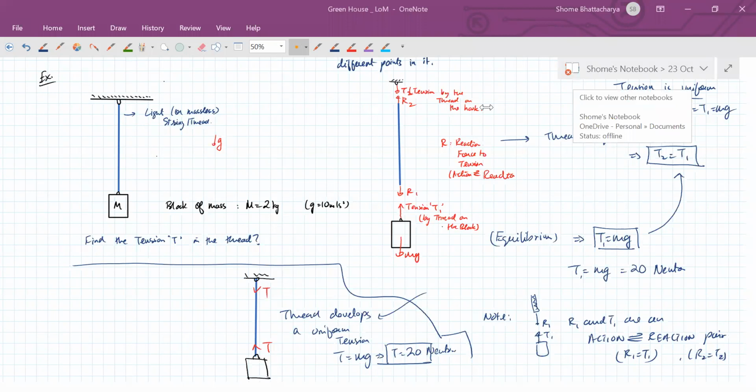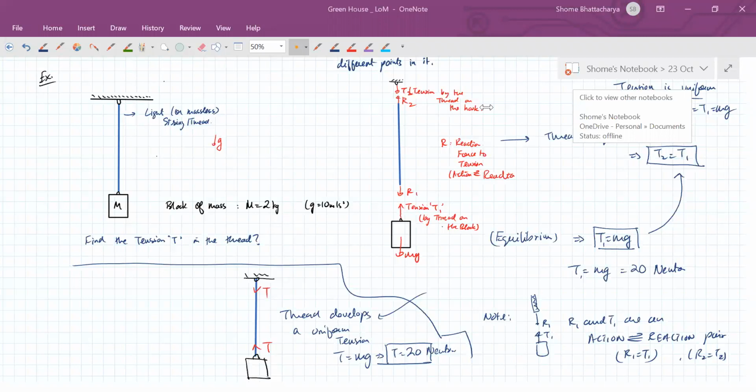Yes, we will come to that in a different situation. But yes, what you're saying is correct. If I replace the light thread with a heavy chain or something like that, then we will see that the tension T2 will not be equal to tension T1. It will include the weight of the chain. That is correct. And not just T2 and T1 at the upper end and the lower end, but at different points in the chain, there will be different amounts of tension.